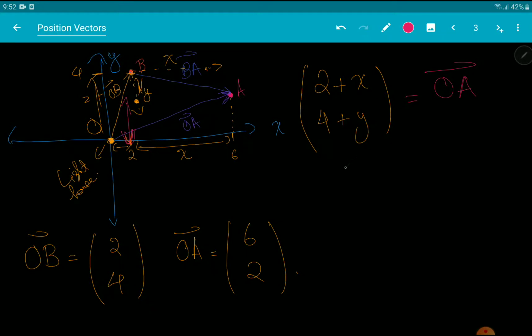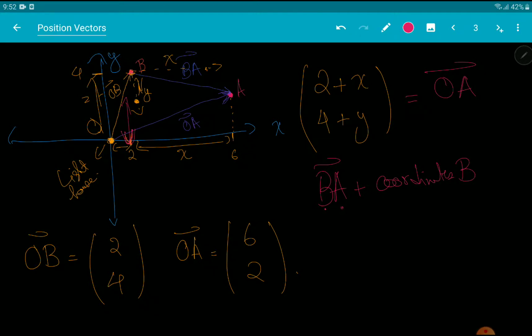So what I want to tell you was that this vector BA just tells you how to get from point B to point A, right? It doesn't give you any solid coordinates of any points. But if you were to add this vector to, let's say, the initial point that you were moving from, which is the coordinates of B, right?